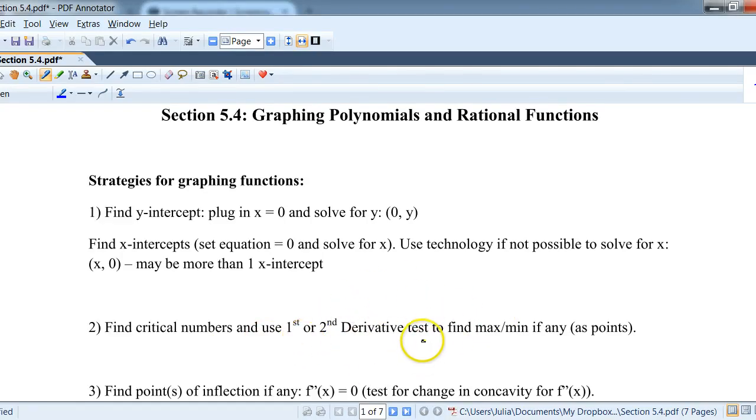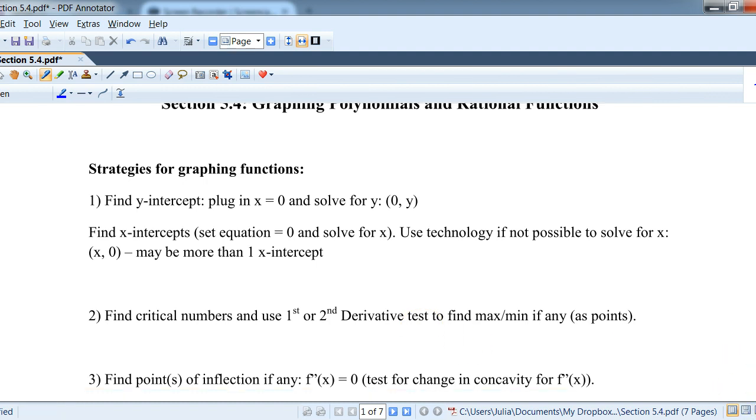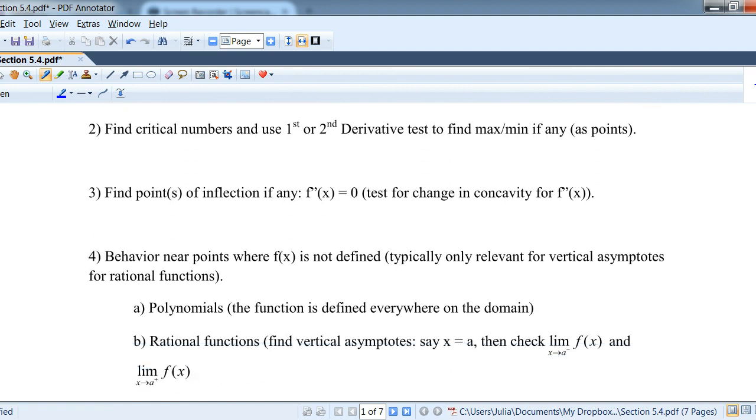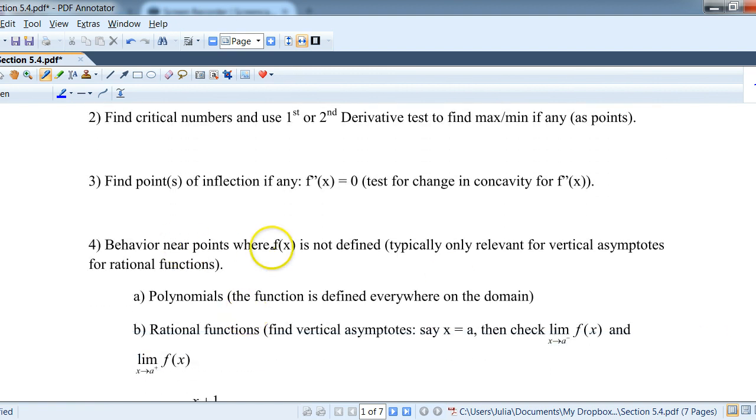You have to determine if your critical points are maximum or minimum to be able to classify them. And find points of inflection, pretty much following step 2, but with the second derivative. You can set it equal to 0 and then put it on a number line with the second derivative and look for a change in concavity.